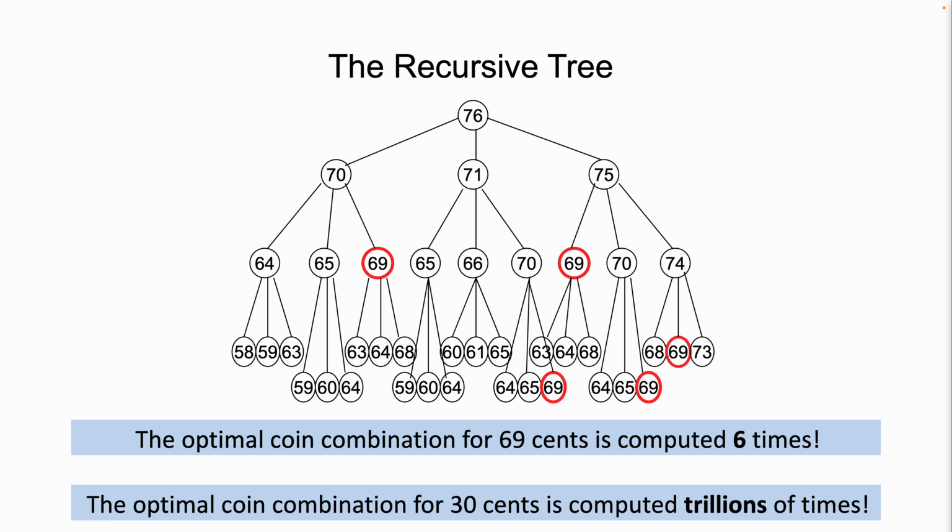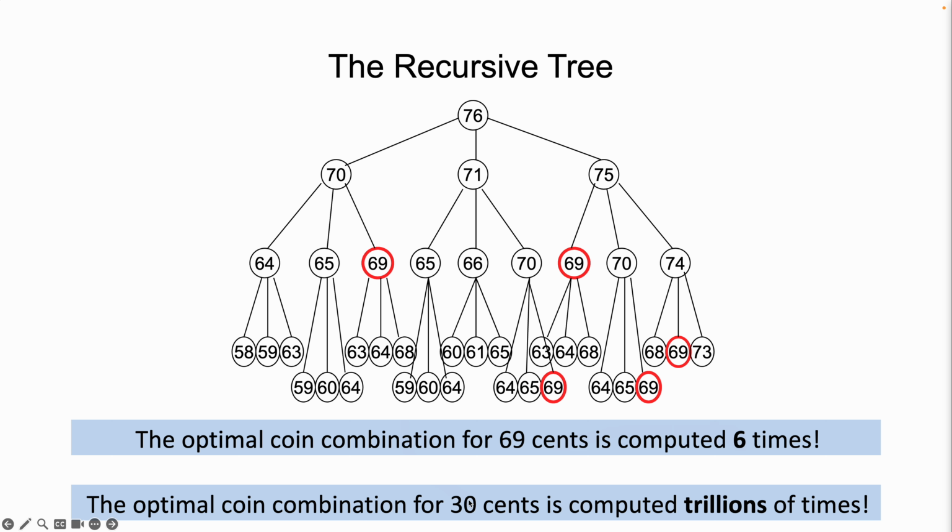So here, I need to redo this just so that all the numbers are the same, but here I've given you one for making 76 cents change. The optimal coin combination for 69 cents already by this level, and I just got tired of drawing things in, is 5 times.